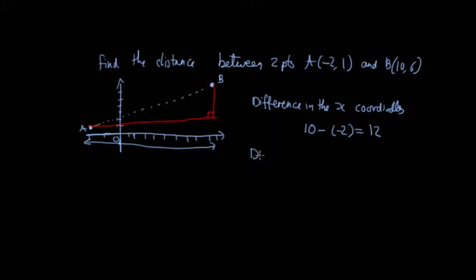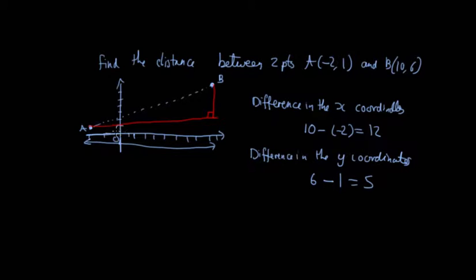And then the difference in the y coordinates. This one's 6 minus 1, because it's 6 here and 1 down there, which is going to be 5.